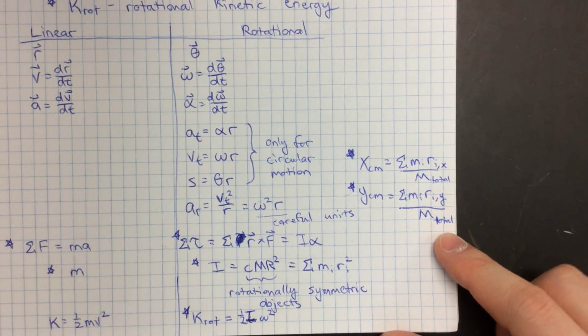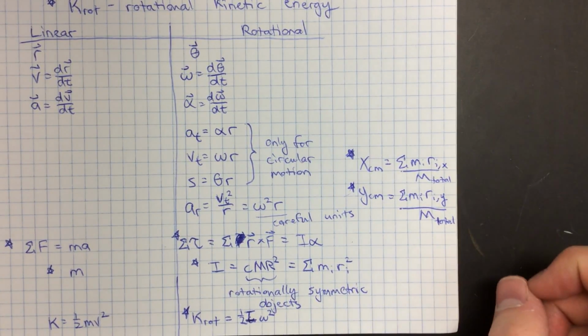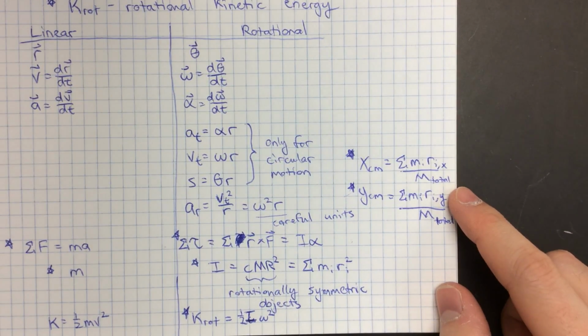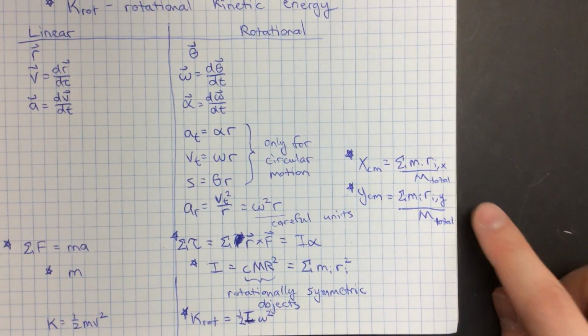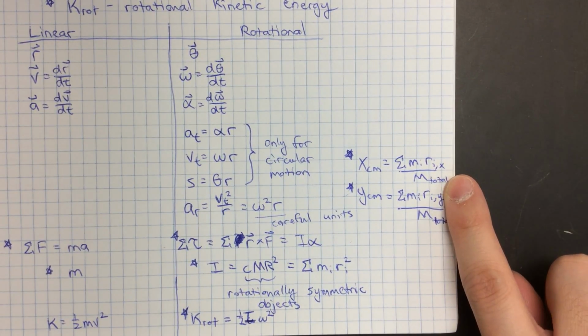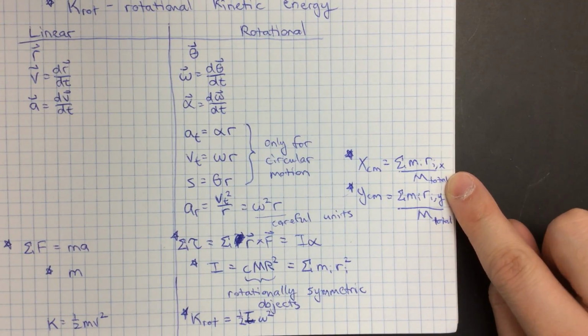So let me give you an example of calculating center of mass. What does that look like just off the bat? Does anyone have an idea of what that kind of represents?